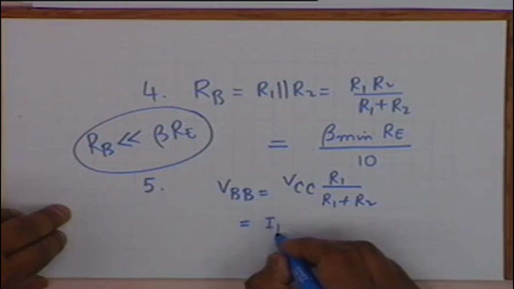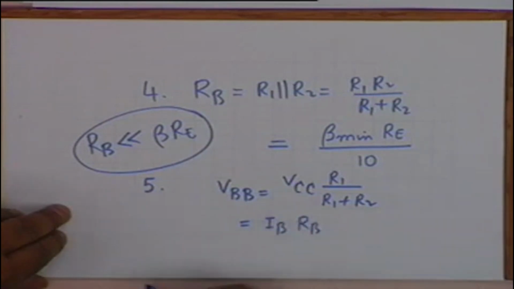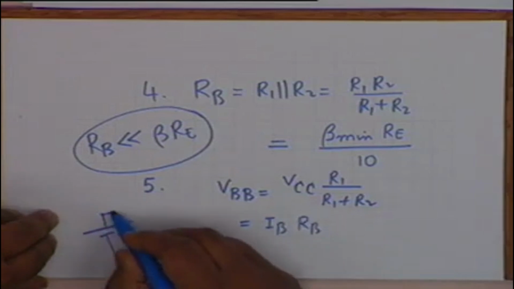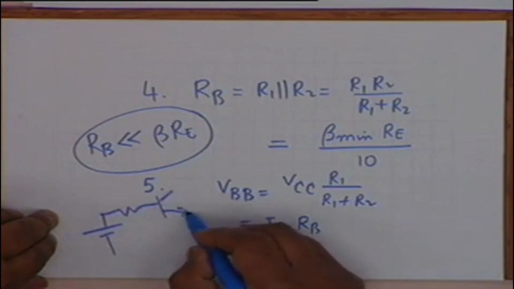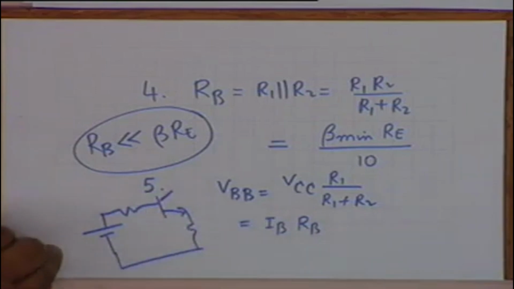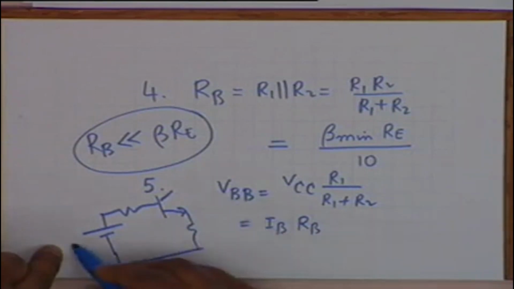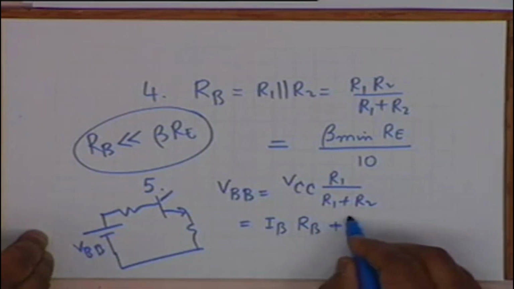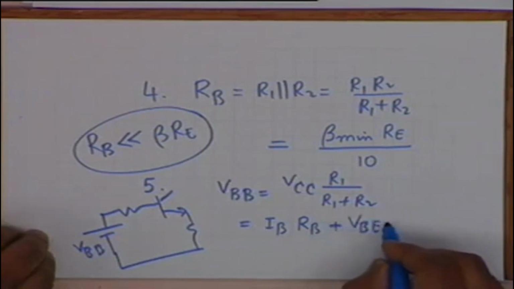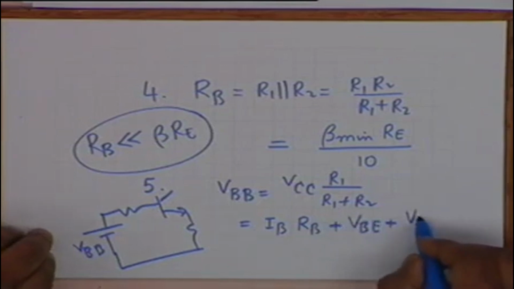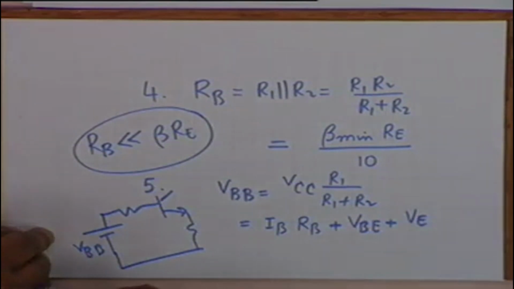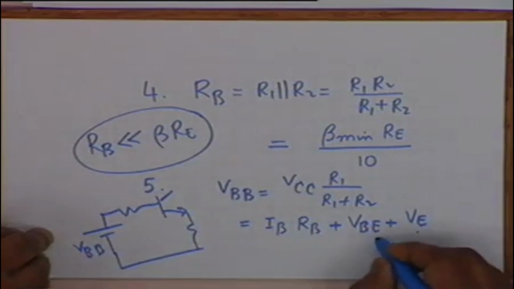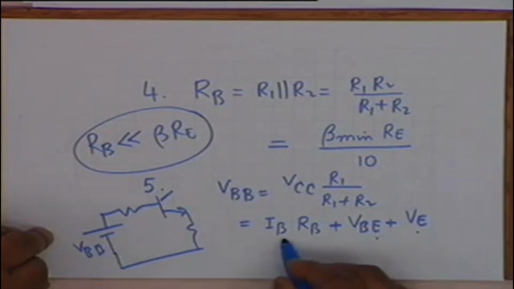This is equal to I sub B RB, this was the circuit. VBB is equal to IB RB plus VBE plus VE. You know VE, you know VBE, you know IB, you know RB. You have chosen it.